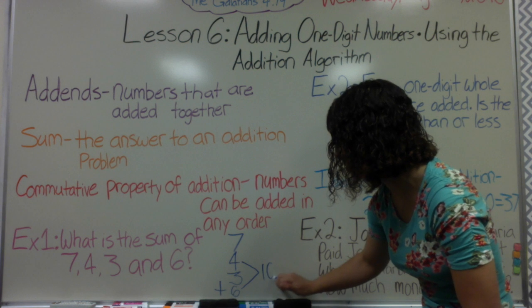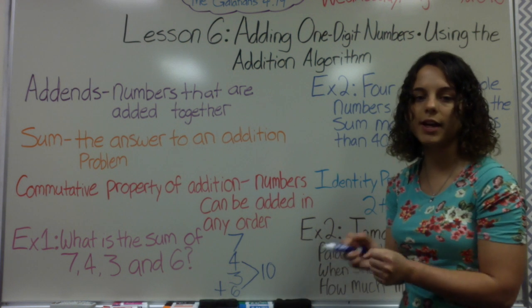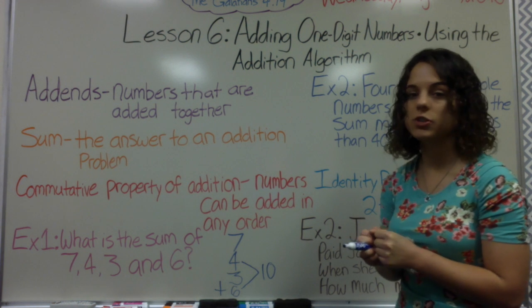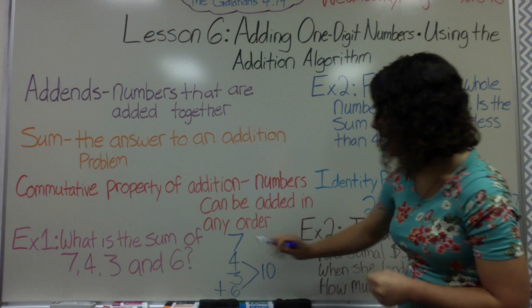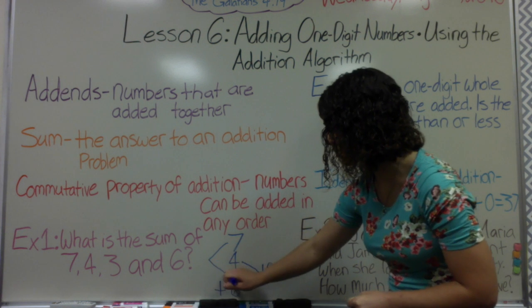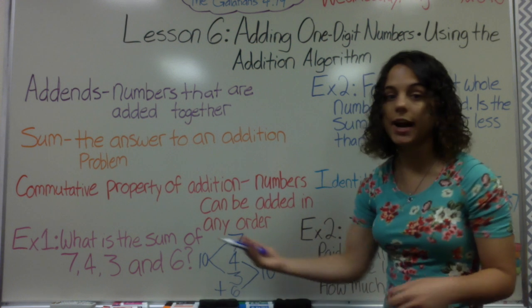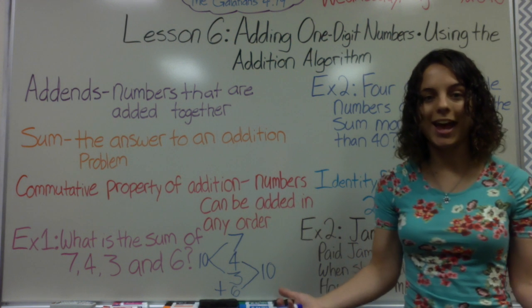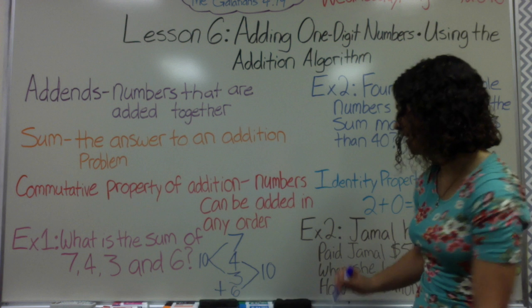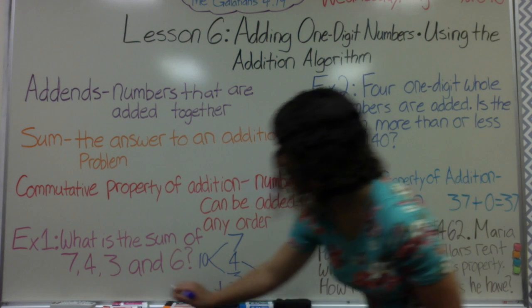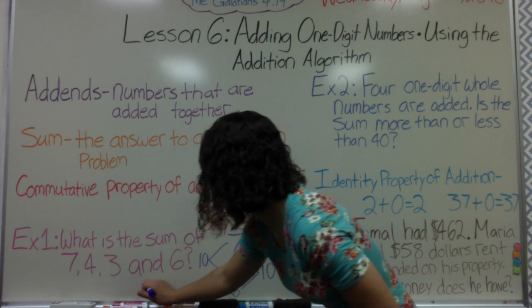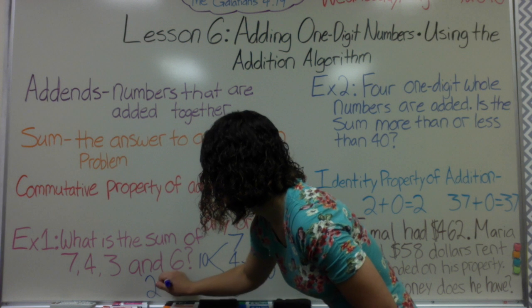That should be something that we should just have memorized. We should recognize the numbers or the pairs that equal 10. And I know that 7 plus 3 also equals 10. So when I'm adding 10 plus 10, I can do that simply in my head, and it equals 20. So the sum of 7, 4, 3, and 6 is 20.